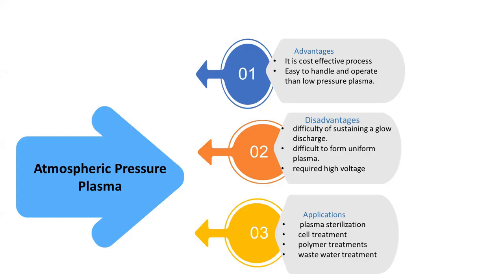Similarly, it has a broad range of applications such as plasma sterilization, cell treatment, polymer treatment, and wastewater treatment. On the other hand, there are some disadvantages, like the difficulty of sustaining a glow discharge, the difficulty of forming a uniform plasma, and the requirement of high voltage.